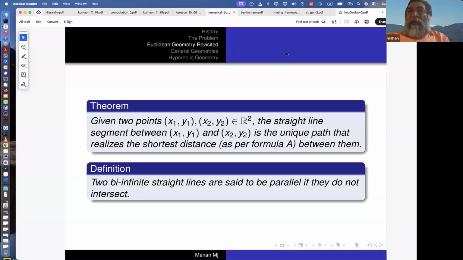So if you take as your definition of a plane this more fundamental notion, a way of measuring distances, then the parallel postulate is a consequence of this metric.